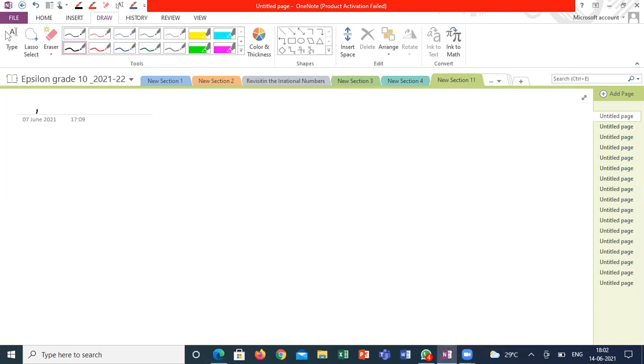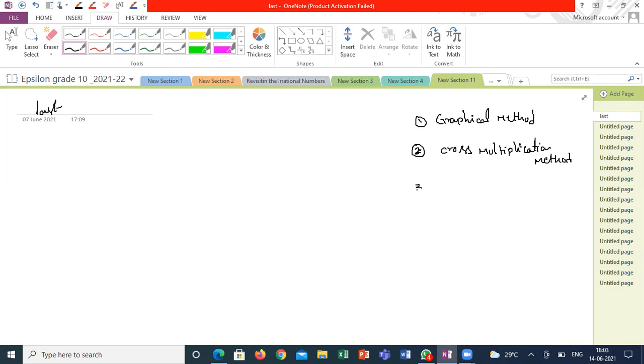What is the last method? There are 4 methods in total. The first one is the graphical method, which we already did. Hope everyone is able to see the screen. The second one is the elimination method.